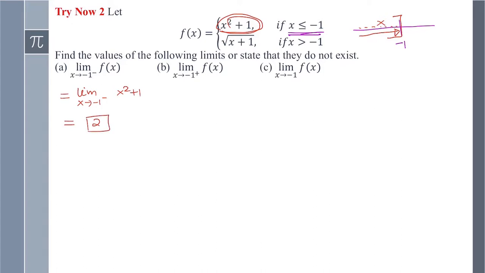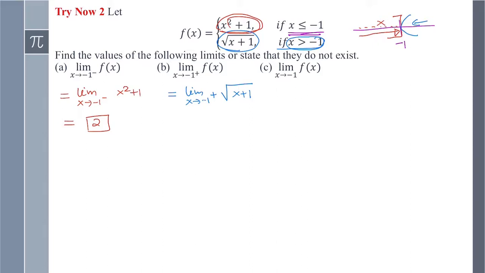Now when we're approaching -1 from the right, it is this case here. So we are approaching -1 from the right, which means we are using this piece of the function. So this equals the limit as x approaches -1 from the right of the square root of x plus 1. Now again, you have to check here.